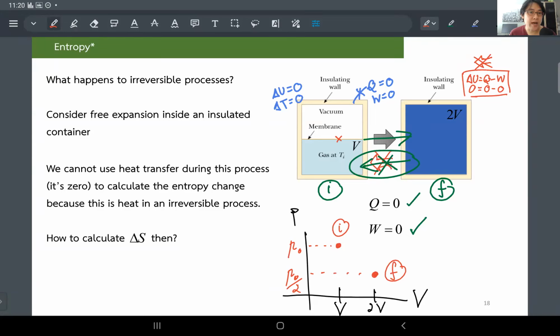You probably say, Ajahn, it's a constant temperature process. And I told you all the time that every time I have a PV diagram, please put on that isothermal line. So I know that these two points must be on the same isotherm because they share the same temperature, correct? Very good. That's a very good argument.